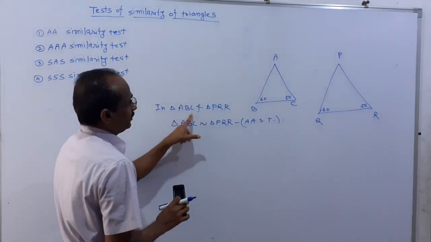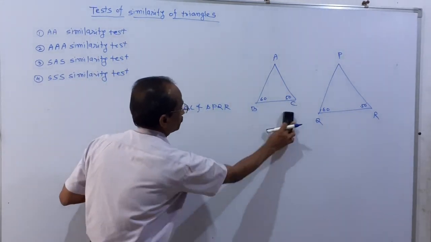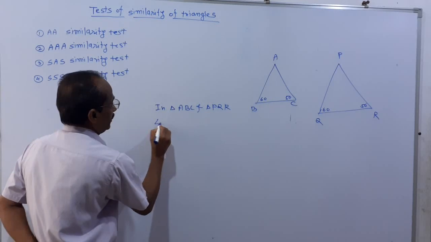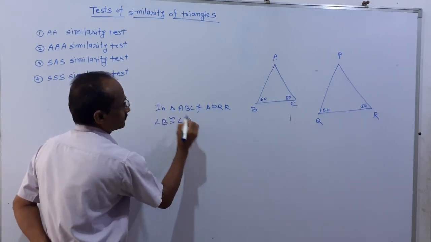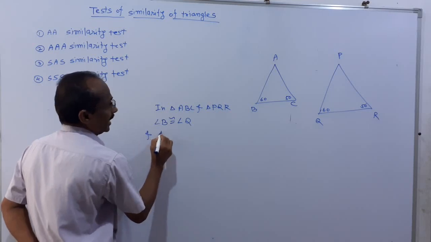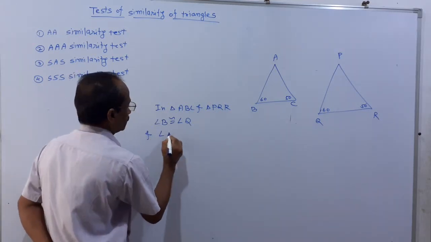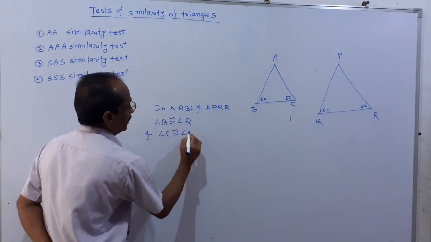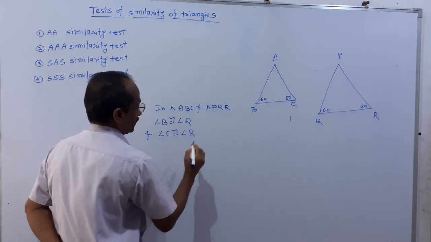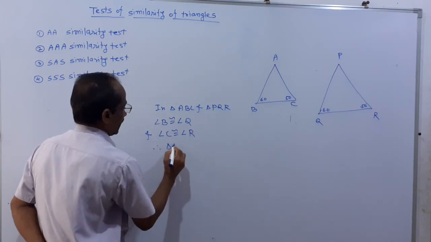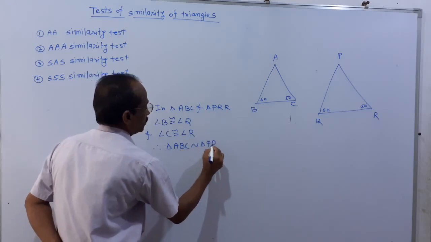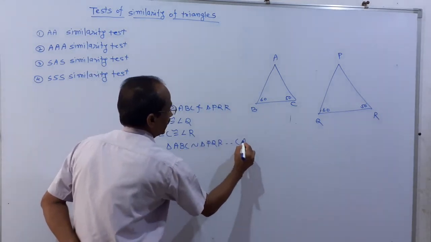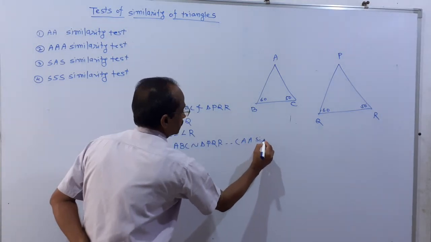So in triangle ABC and triangle PQR, angle B is congruent to angle Q and angle C is congruent to angle R, and therefore triangle ABC is similar to triangle PQR, and it is the AA similarity test.